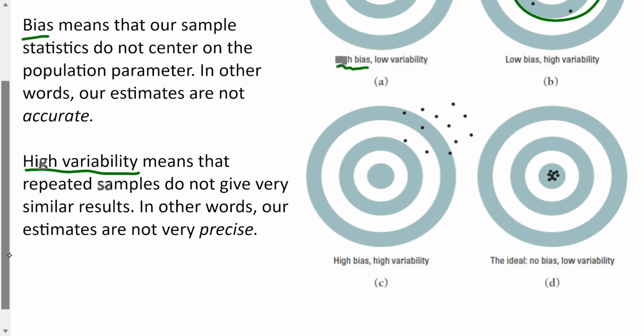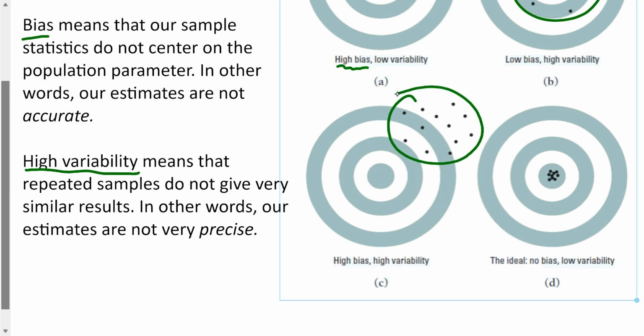If you have high bias, meaning it's not accurate, and high variability, that's not real accurate and not real centered at one point. And the ideal is no bias and low variability. Not real spread out. That's where we want it to be.